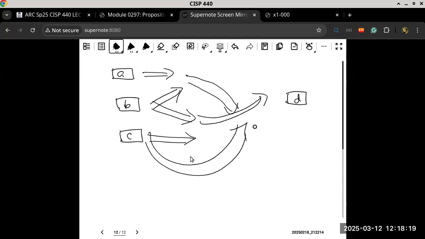But eventually, let's just say that D is implied. That means D is a theorem with respect to A, B, C.